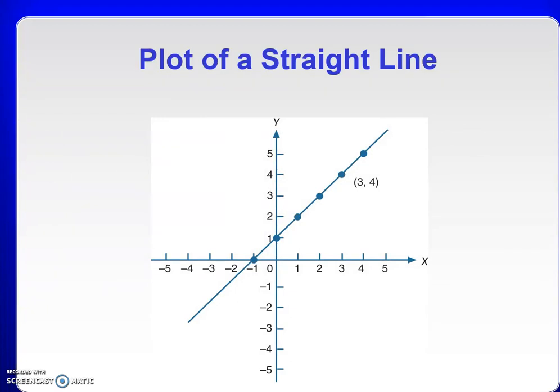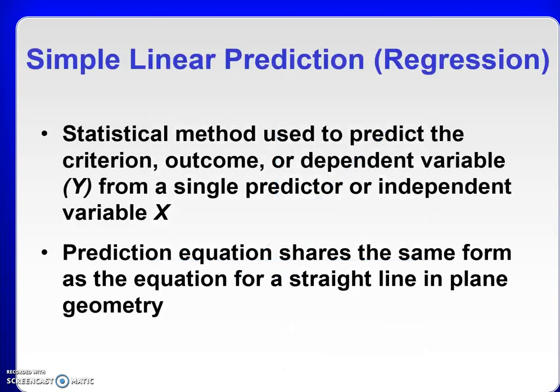Here is a great example of what would be considered a perfect relationship. And we're plotting a straight line here. We do know, as we look at regression, prediction, we will be plotting variables for, in this case, x and y, to see how they fall along the straight line. When we talk about simple linear prediction, we're actually talking about regression.